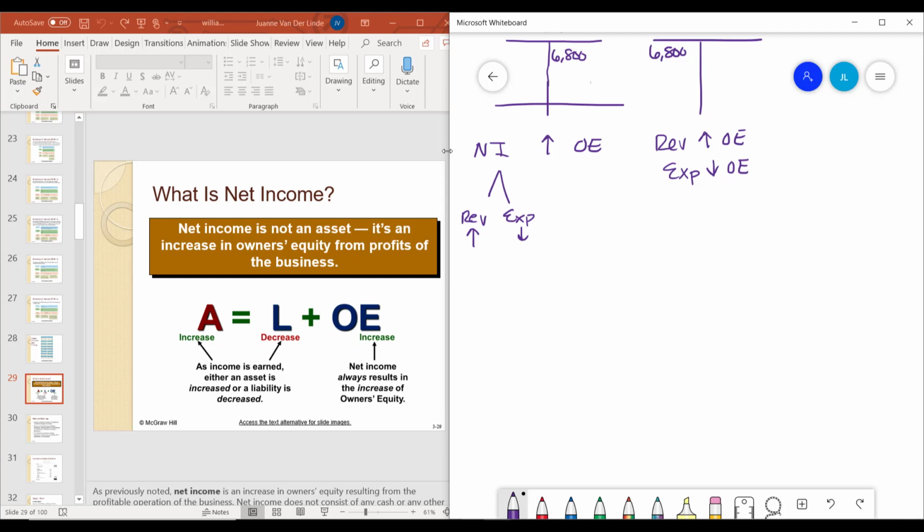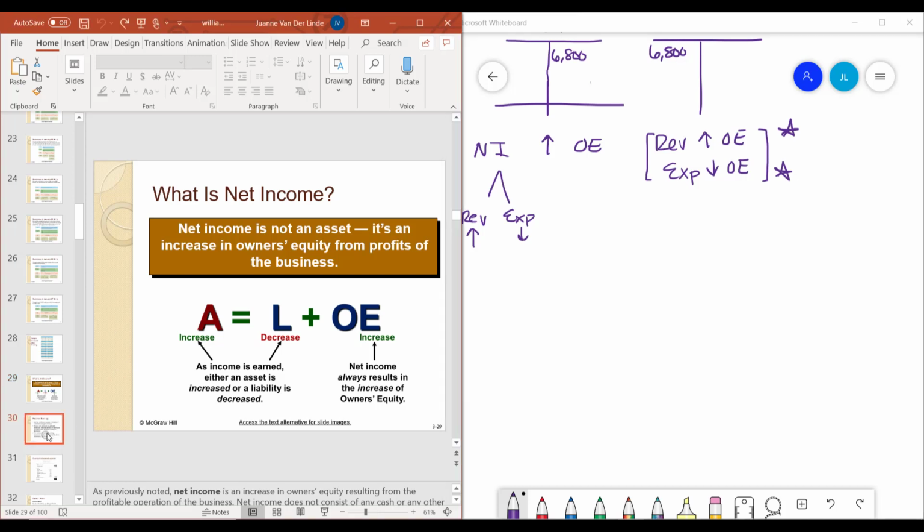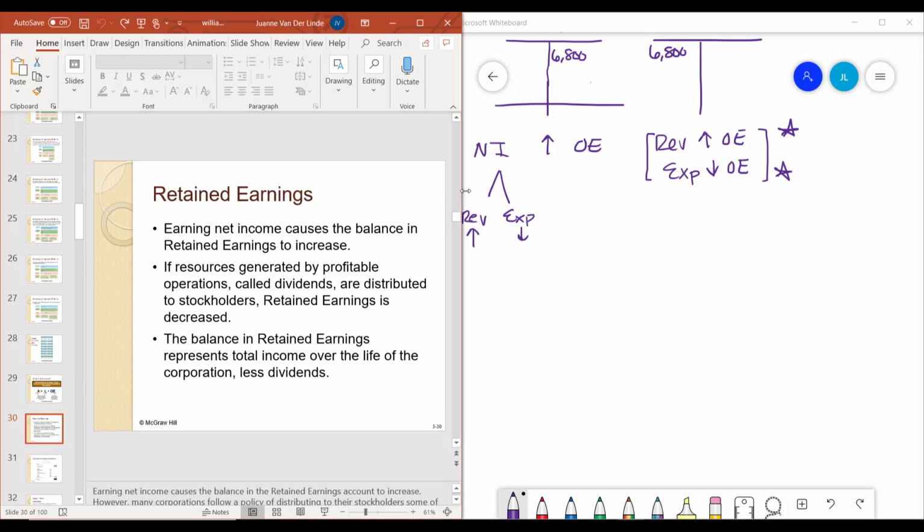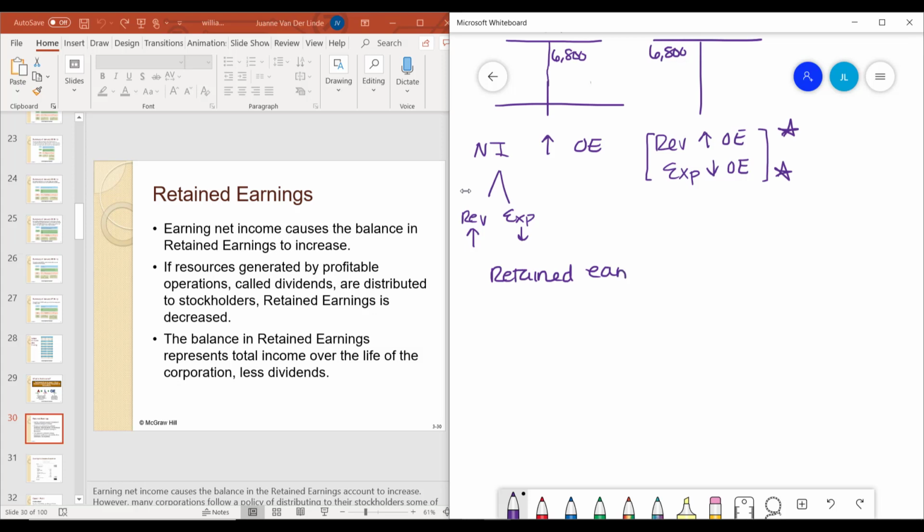Okay, so that's an important note to make when we learn the debit and credit rules for those two items. So you want to go back to what revenue does to owner's equity and what expenses does to owner's equity to understand why their debit and credit rules are what they are. Okay, so remember retained earnings is one of our owner's equity accounts, part of owner's equity like capital stock is.